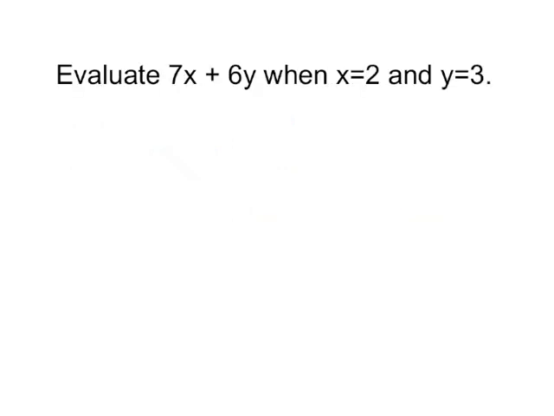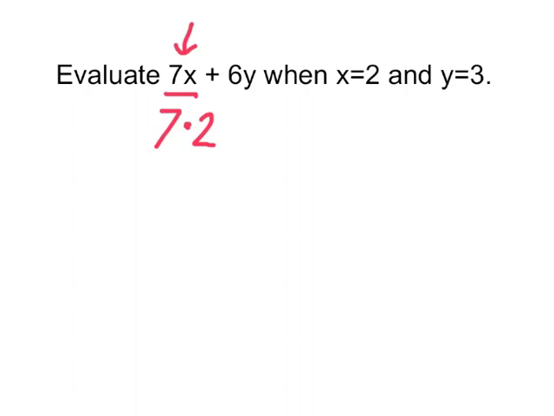So here's an example. Evaluate 7x plus 6y when x equals 2 and y equals 3. When I do these problems, I try to be really thorough and rewrite each step so that I prevent making mistakes. So I want to change this 7x to 7 and 2 because the x is 2, and what's happening between the 7 and the x is multiplication.